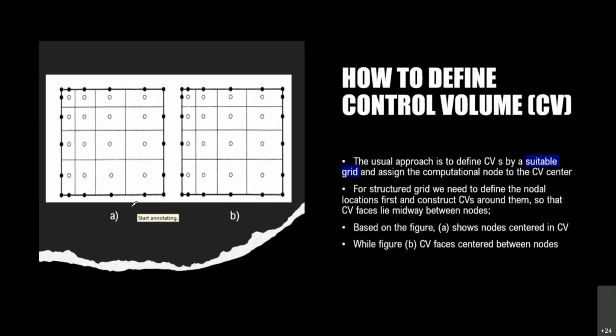In figure A, the nodes are centered in the control volume, while in B, the CV faces are centered between the nodes. It took me an hour to find the difference between these two pictures, and then I realized that there actually is a difference between them.